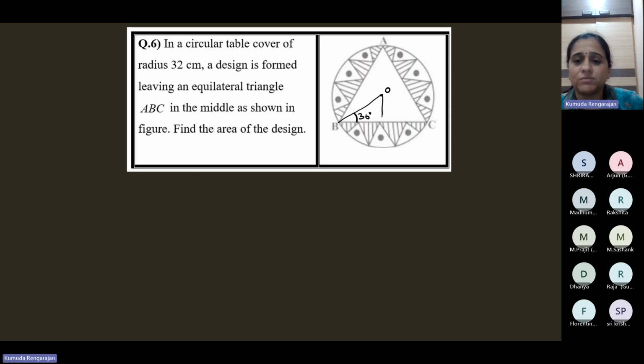Drop a perpendicular from the center to the chord. The perpendicular from the center to the chord bisects the chord, so M is the midpoint of BC. Now we need to connect 30 degrees with what you want to find, BM, and what you already know, OB, which is 32. And that is cos 30 degrees. Find BM, double it, find BC, and you got the side.